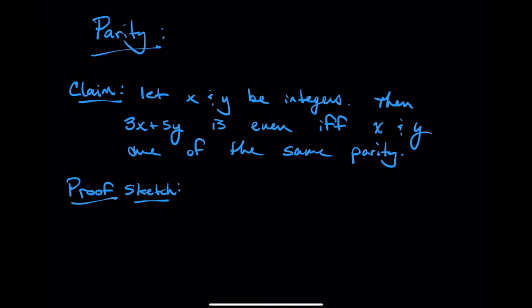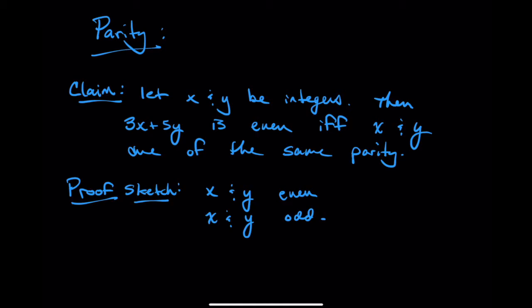We don't have too many options in too many cases as to what's going on. How many different ways can we have two integers of the same parity? Well, we can have x and y both be even, or we could have x and y both be odd. So those are going to be the two cases that we look at.